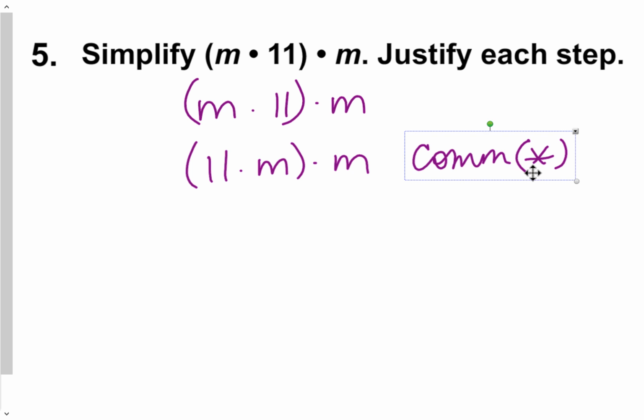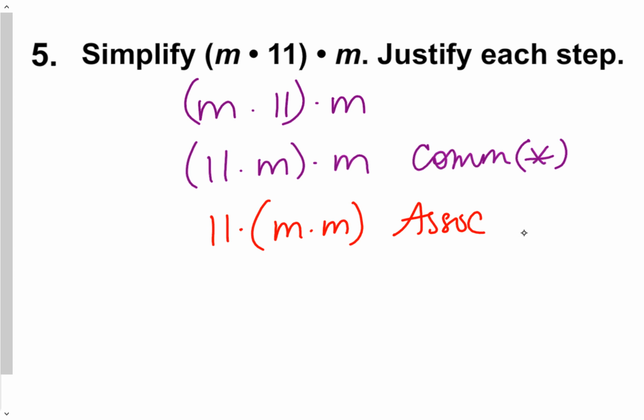I can switch the order. Now I want to group the ones that I can multiply together, so I'm going to group the m times the m, and that's my associative property of multiplication. So now I can simplify: 11 times m squared.